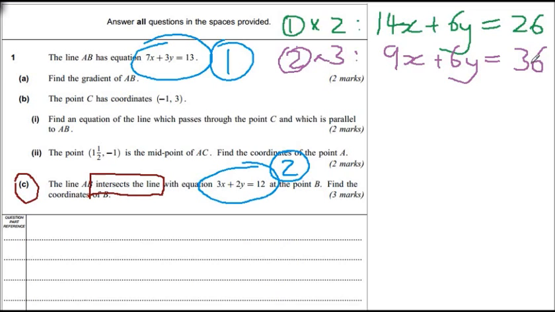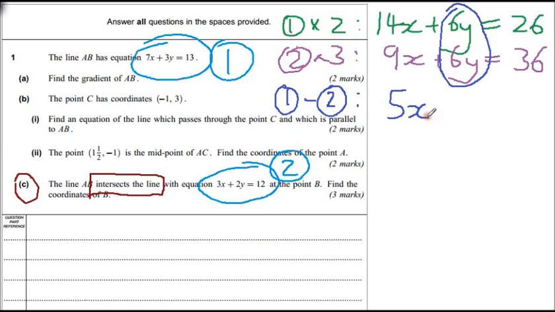And then, very simply, to get rid of this 6y, you can do number 1 take away number 2 here, which will give you 5x equals minus 10. Then from that, you can determine that x is obviously equal to minus 2.